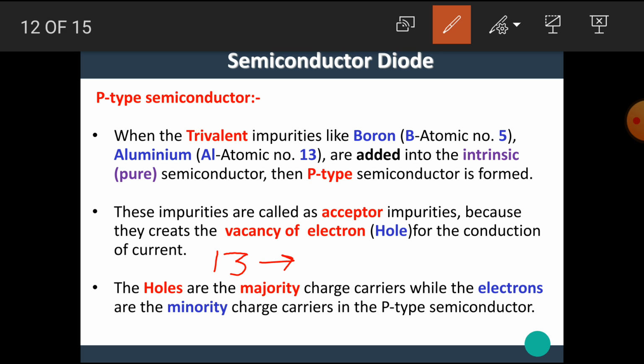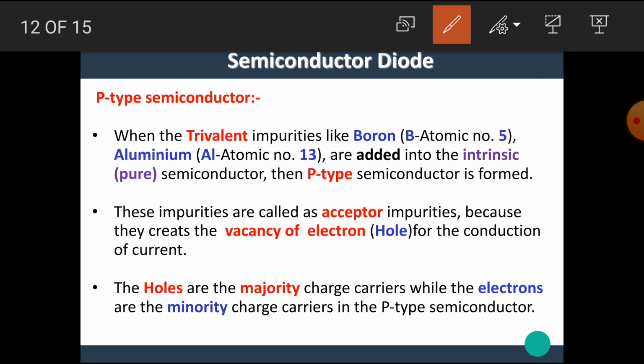Hence, the electronic configuration is 2, 8, and the outermost orbit contains 3. That means materials whose outermost orbit or valence shell contains 3 electrons are called trivalent material.